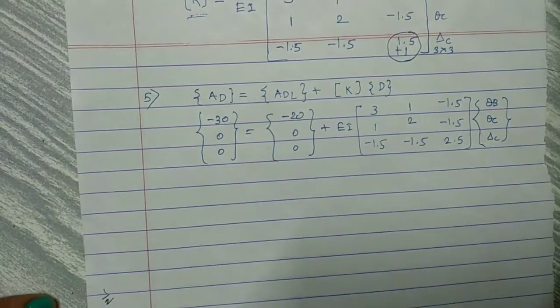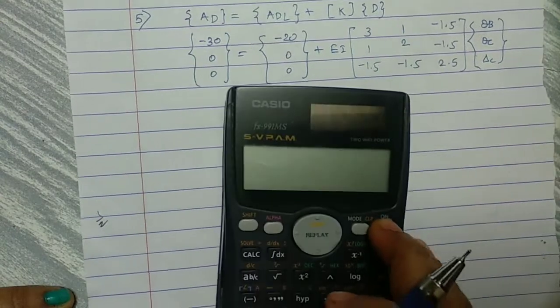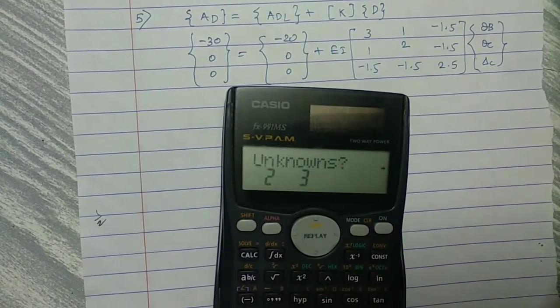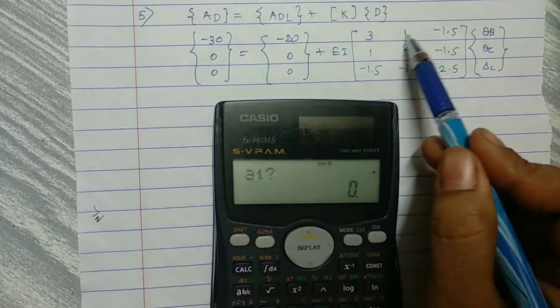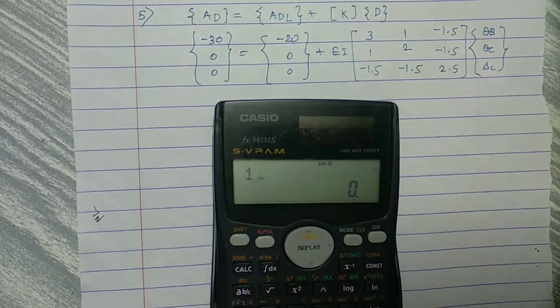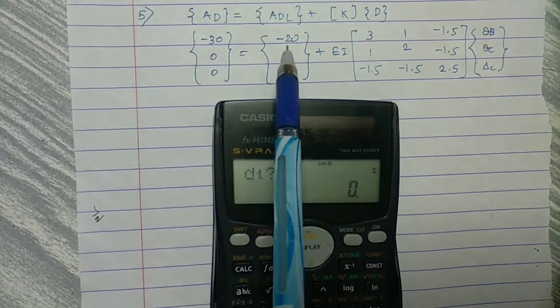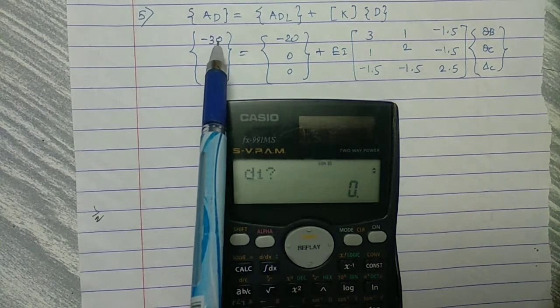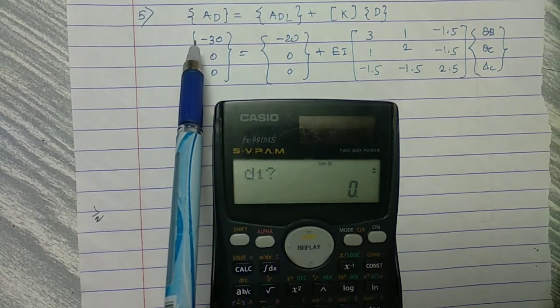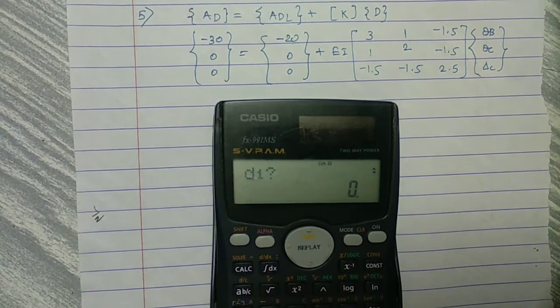Okay, solve this equation. There are 3 unknowns. The first equation has coefficients 3, 1, minus 1.5 and a constant on the equal-to side. Minus 30 and minus 20, if we take them to this side, become positive, so minus 30 plus 20; that constant is minus 10.